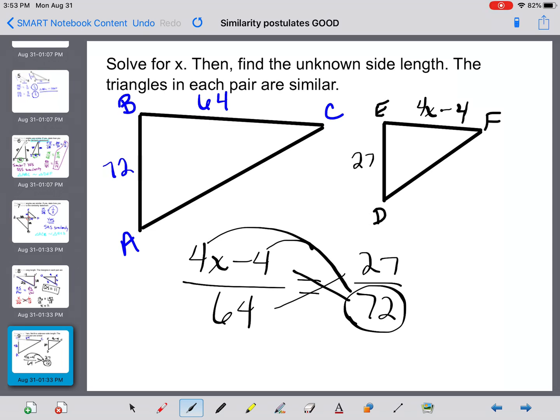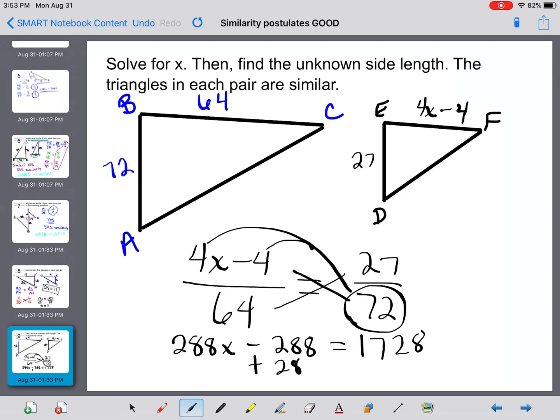Now here, when we go to cross multiply, we have to take the 72 and multiply it by both terms. So 72 times 4x would give us 288x minus 72 times 4 would give us 288. And it's going to be equal to 64 times 27, which is 1,728. And we go to solving.